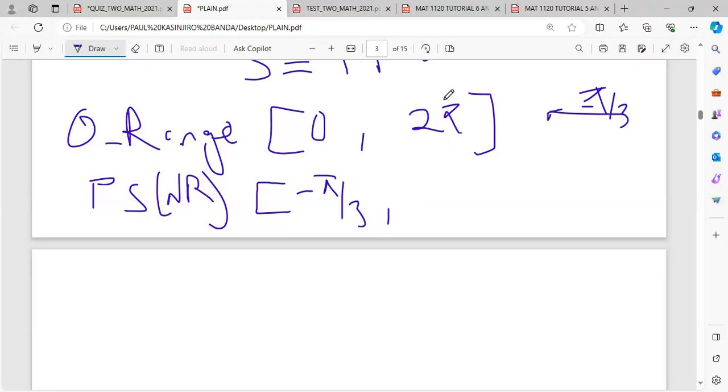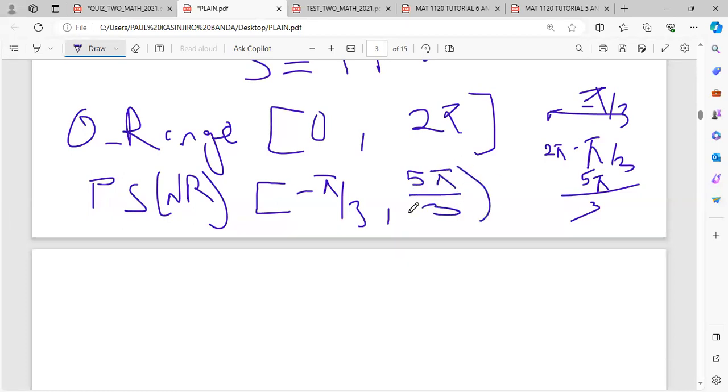Then here you say 2 pi plus minus pi over 3, so 2 pi minus pi over 3 gives you 5 pi over 3. So our graph will start from minus pi over 3 all the way to 5 pi over 3. I hope you are following.